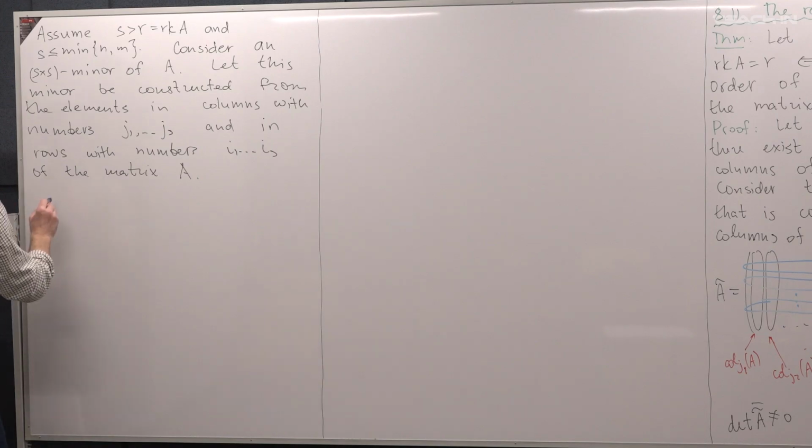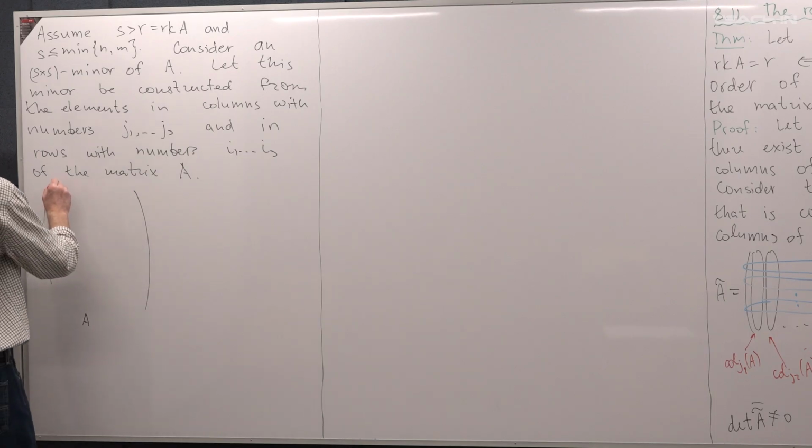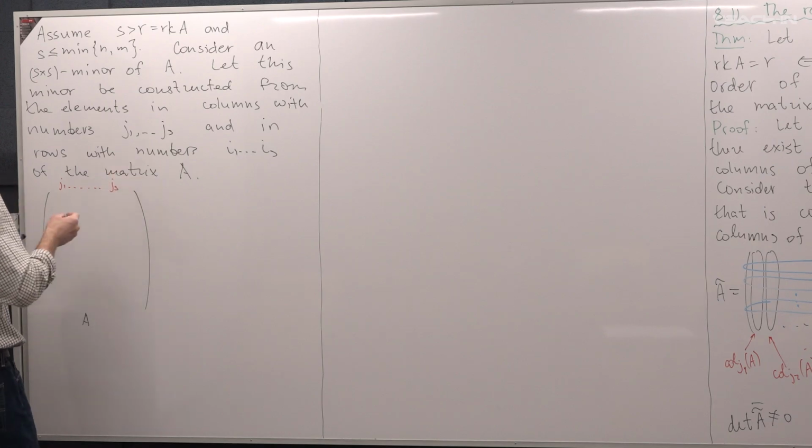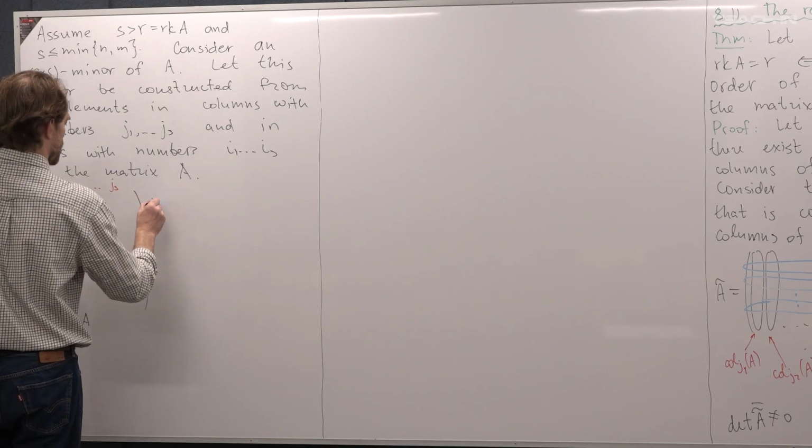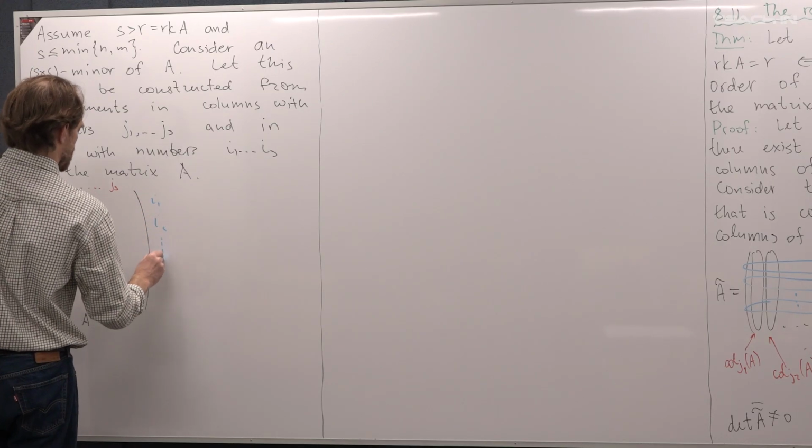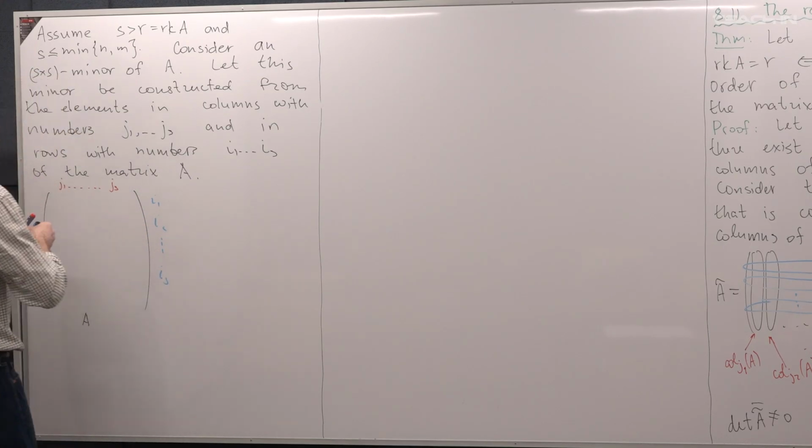So we consider this matrix A, and we keep only the columns with the numbers J1, etc., Js, and the rows with the numbers I1, etc., Is.